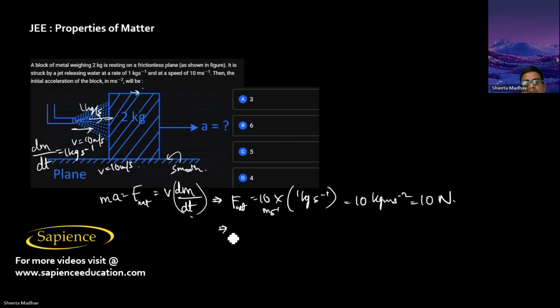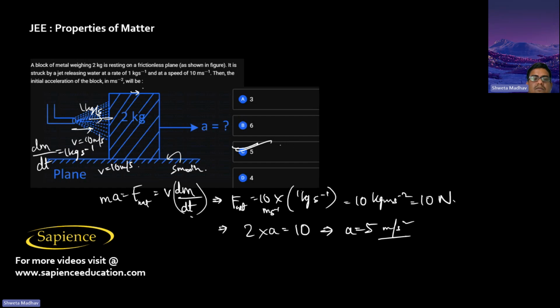So mass into acceleration, 2 into A, is equal to 10 Newton. Therefore A will be equal to 5 meter per second square. So option C is the correct answer.